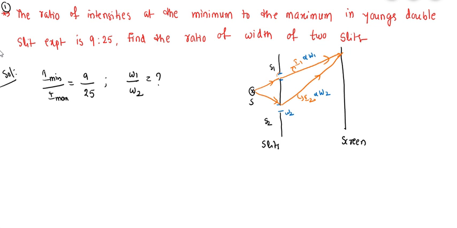This light wave amplitude we can consider as A1, this light wave amplitude we can consider as A2. We know that I1 is equal to A1 square, I2 is equal to A2 square.